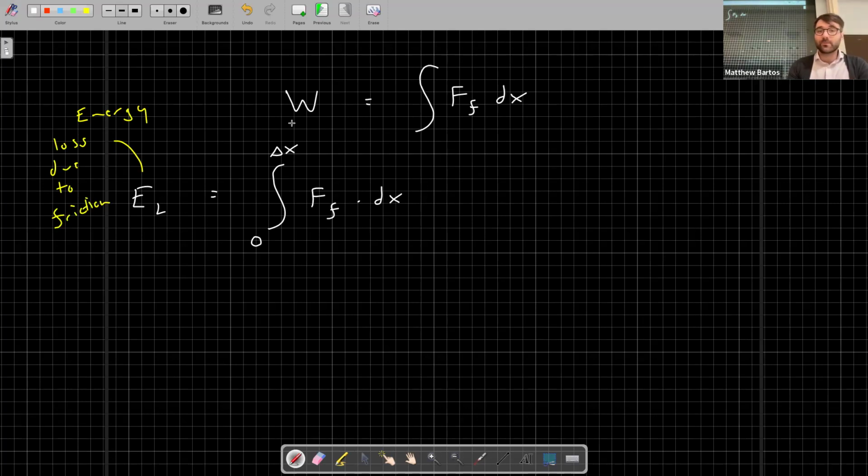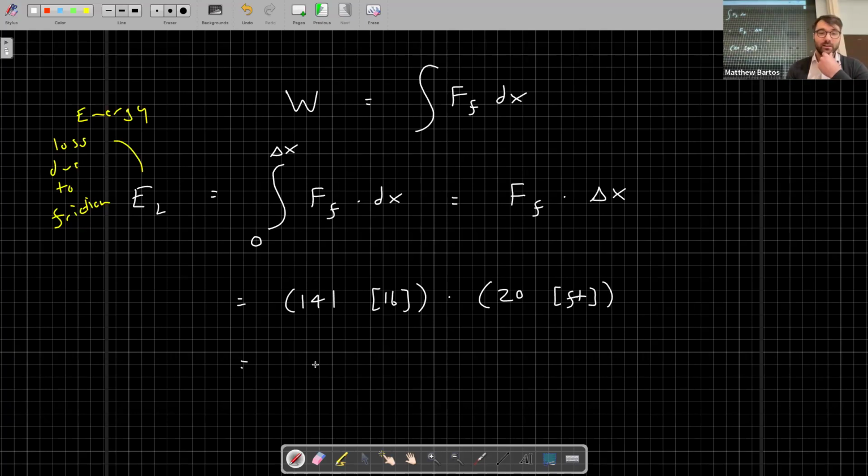And because the frictional force is just a constant, this is just going to be equal to FF, our frictional force, times delta x, the length of the pipe. So we'll get 141 pounds times, what was the length of the pipe? 20 feet.